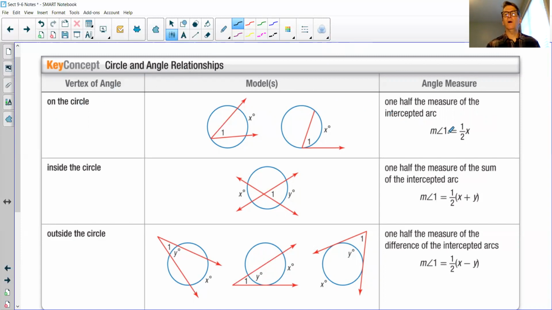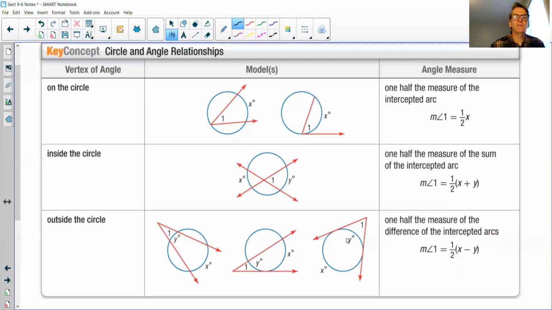The measure of angle 1 is equal to 1/2 of the x. If you have a vertex of an angle inside the circle, like you see this angle 1, the measure of angle 1 is equal to 1/2 times the sum of x and y. 1/2 the measure of the sum of the intercepted arcs.